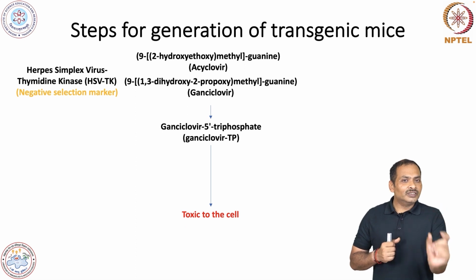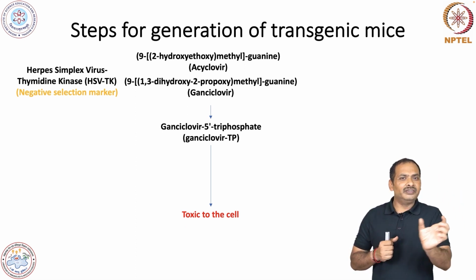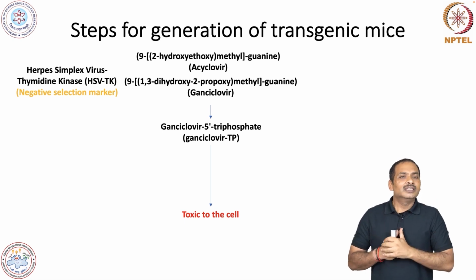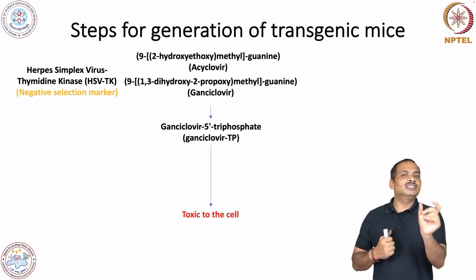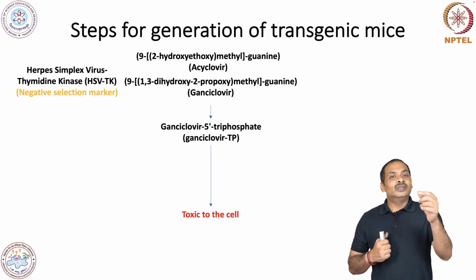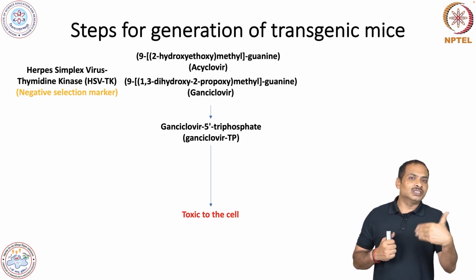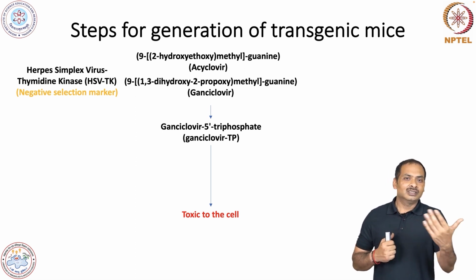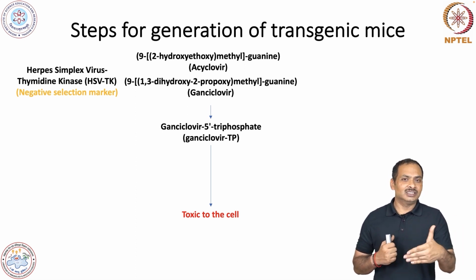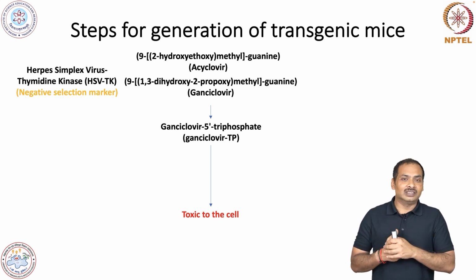Okay. So, if this DNA molecule incorporates anywhere in the genome, in that scenario HSV-TK will remain intact. Okay. And when you put these cells over G418, that is the positive selection marker drug, the drug for the neomycin resistance gene, then they will grow very nicely. Okay.